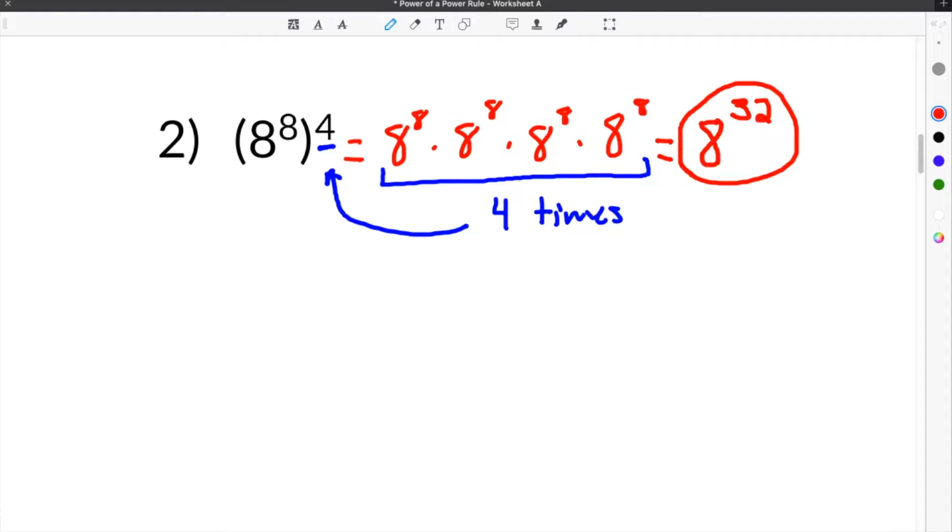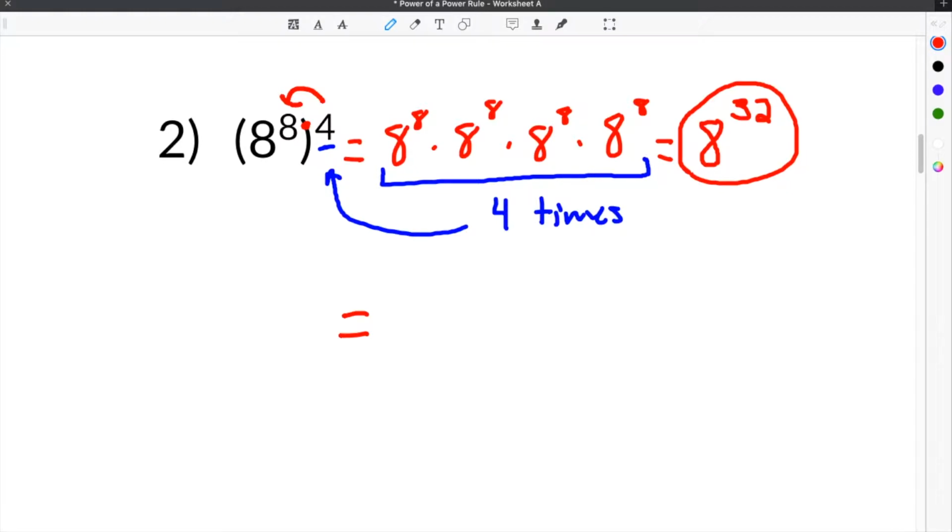Now there is a shortcut for solving this that you can do by skipping this middle step here. If you look at our original problem, we have 8 to the 8th raised to the 4th power. If you look at our answer, 8 to the 32nd power, you might notice that if we had multiplied 8 times 4, we could get 32 instead of having to write it out and add the exponents together.